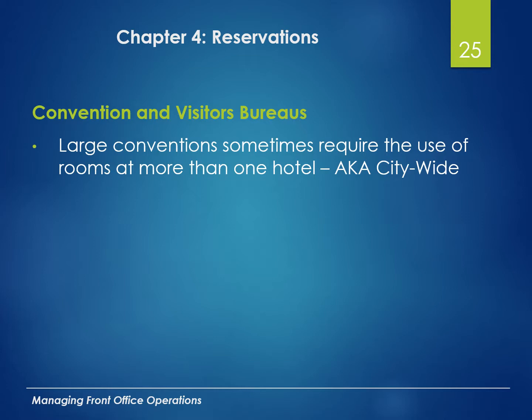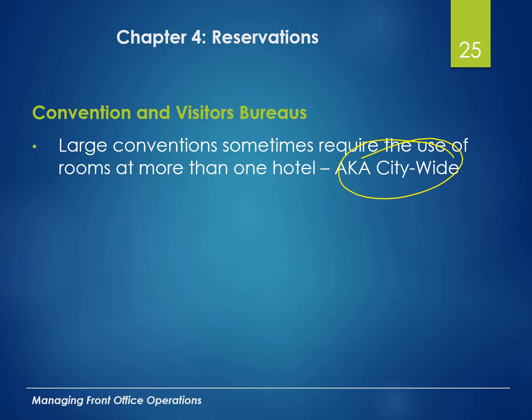Working with the Convention and Visitors Bureau, we have this term called a citywide. A citywide meeting is one that requires more than 1 hotel. We might have large hotels like the Marriott River Center or the Grand Hyatt, and they have large ballroom space, so some groups can actually accommodate everything in the hotel. They can have their sleeping rooms as well as all their meeting space there in the hotel.